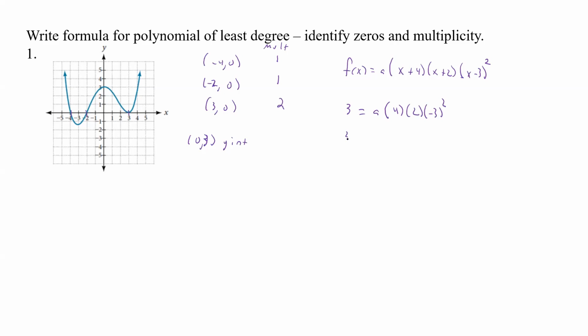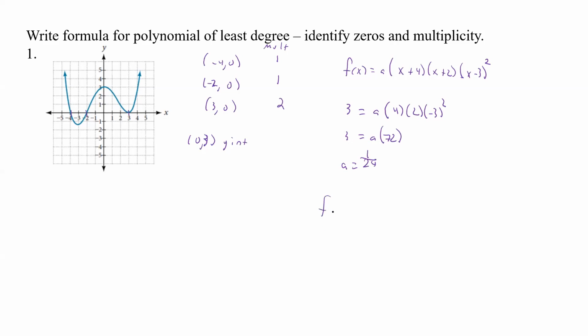So then we have 3 equals a times 4 times 2 is 8, negative 3 squared is 9, 9 times 8 is 72, so a is going to be 3 divided by 72, so 3 goes in there, 24, and so 1 over 24.